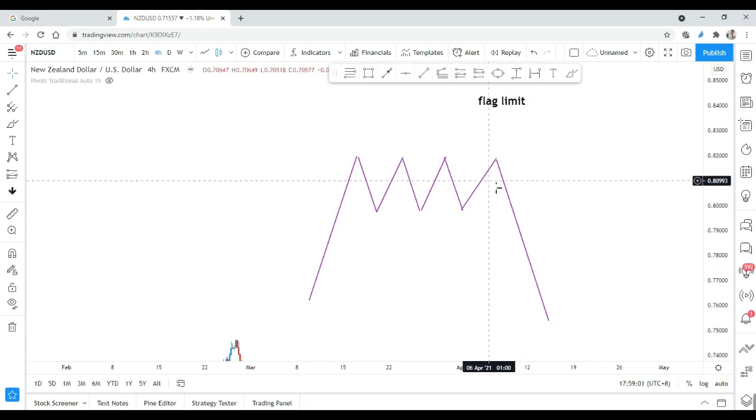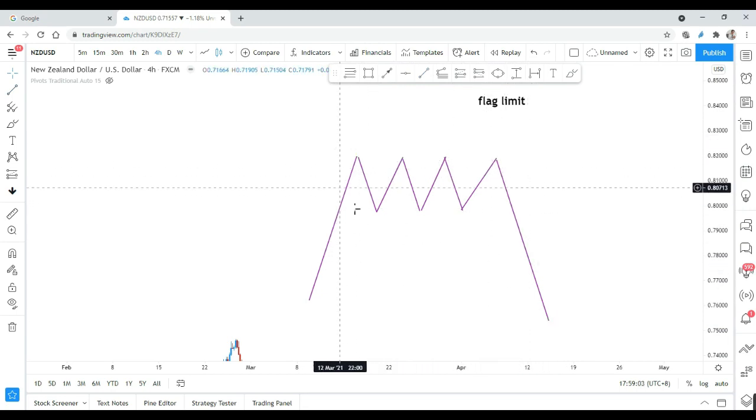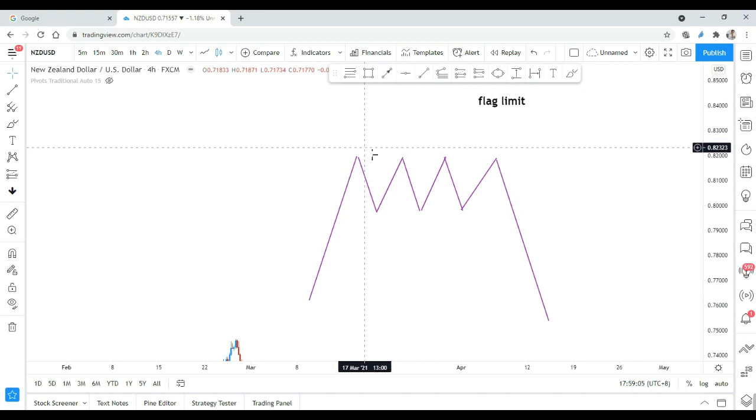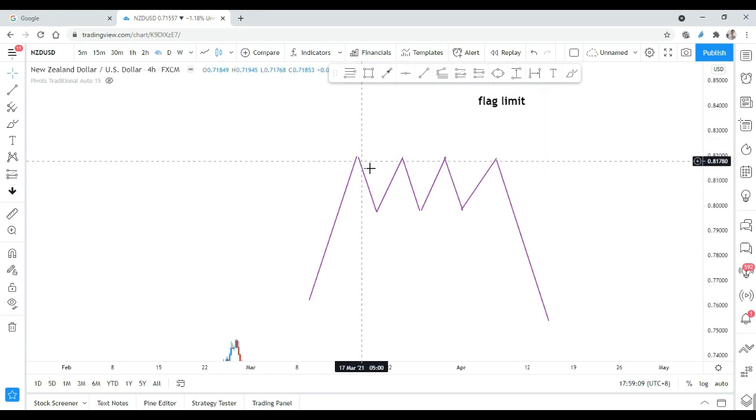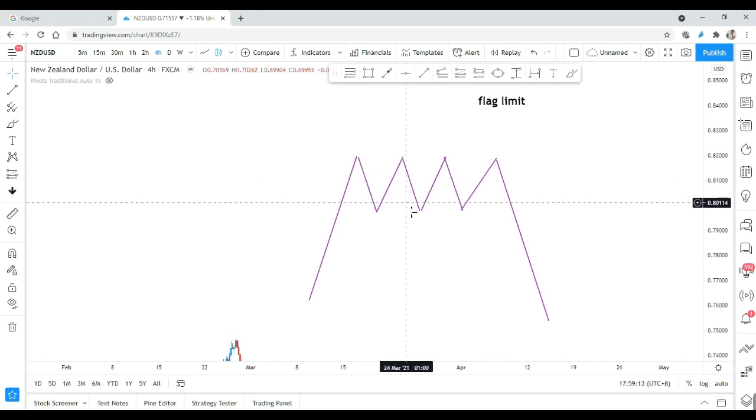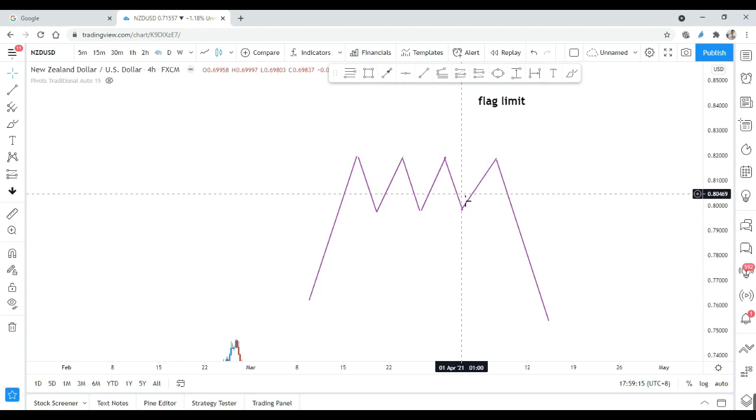In a bigger time frame, let's assume you're looking at a daily or H4 chart, you can only see a few candles, bullish, bearish, bullish, bearish. I'm going to give you an example later.